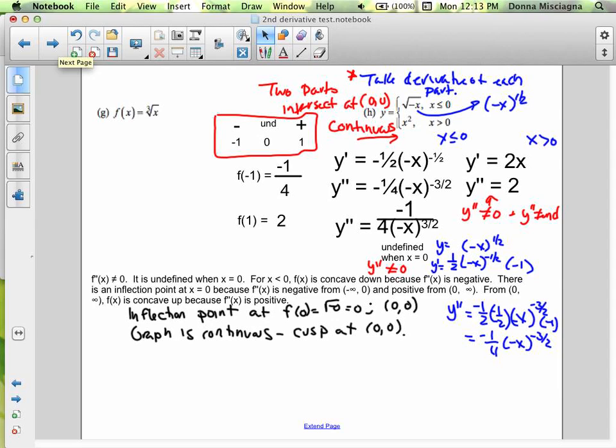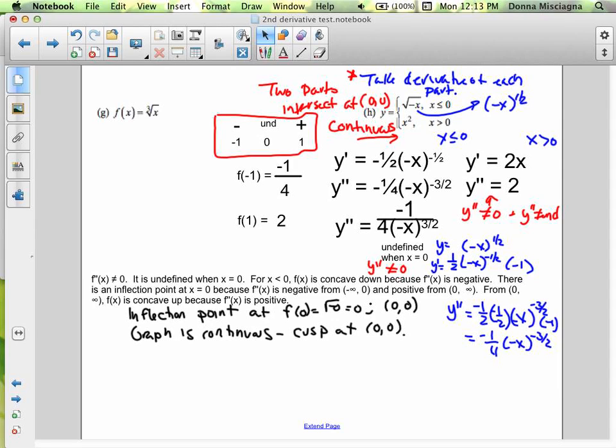All right? So we do the sign chart. If we plug in negative 1, that's going to end up being a negative number, because you have a negative divided by a positive. If you plug in positive 1, you end up having a negative divided by a negative. All right.